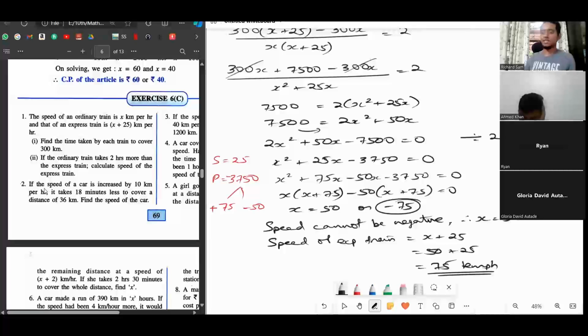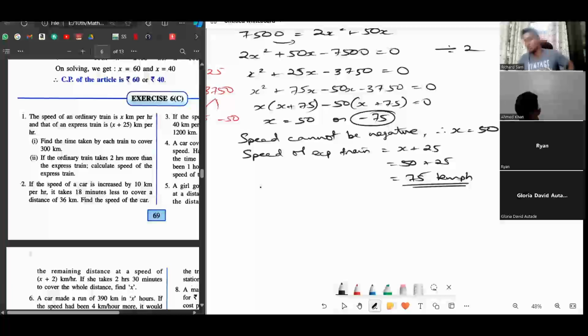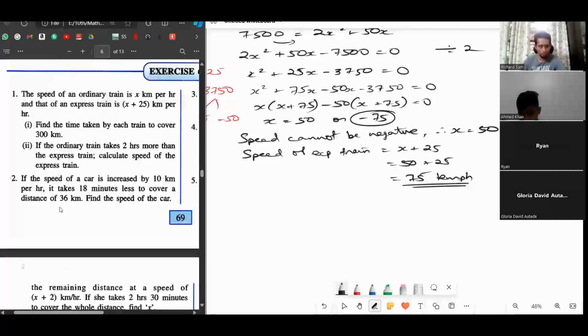Now do the second question. It is very similar to this. It's directly to the second part. Okay. So read the question. Tell me what you understand. So here, do we have two different cars?